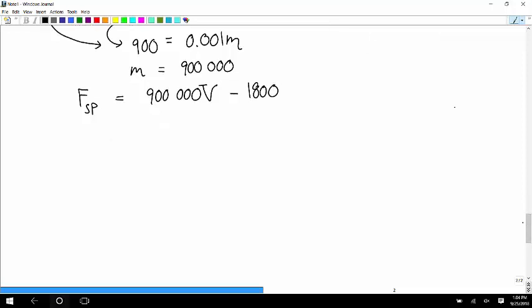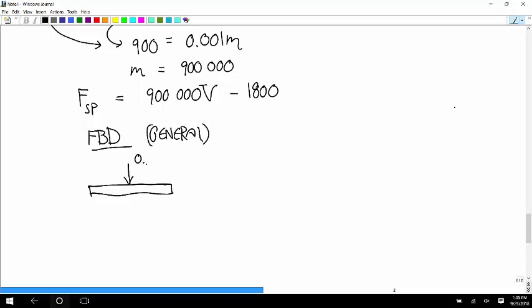And now let's think about a general free body diagram. You have the downward force of 0.018 times 1 times 10 to the fifth. That's from the atmospheric pressure. You have the downward force from the spring, and now we have an expression for that.